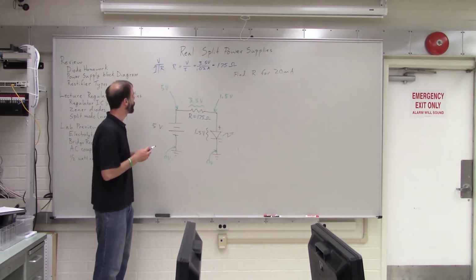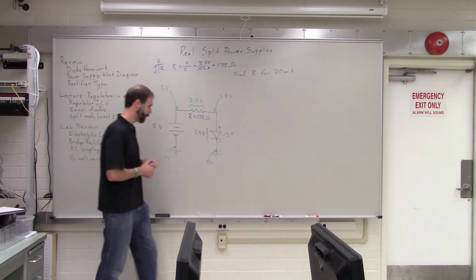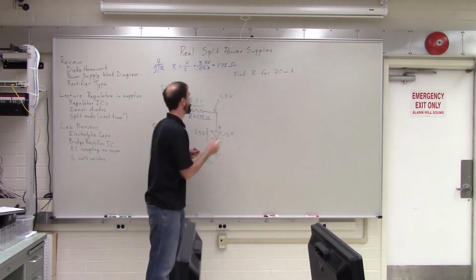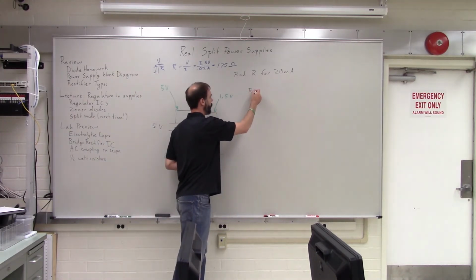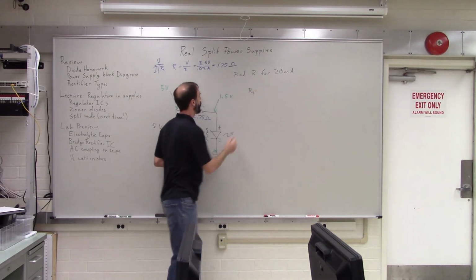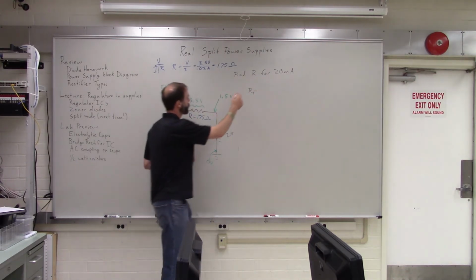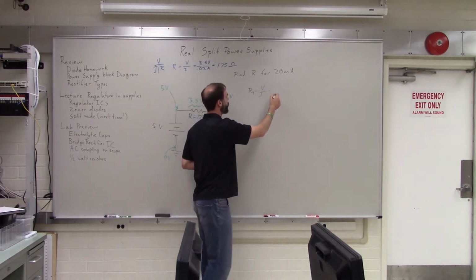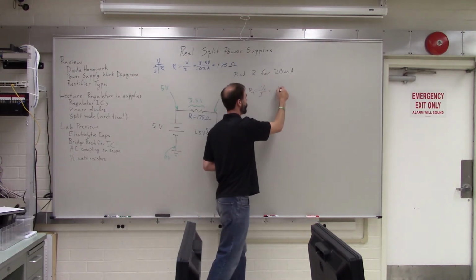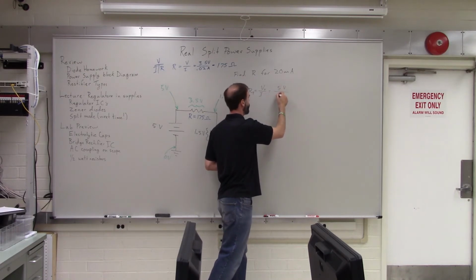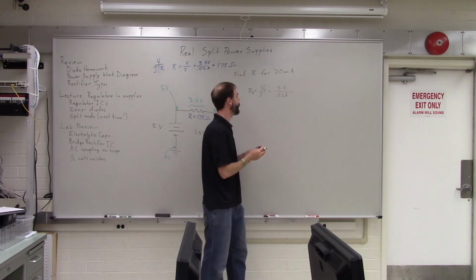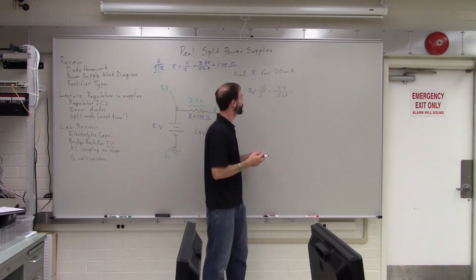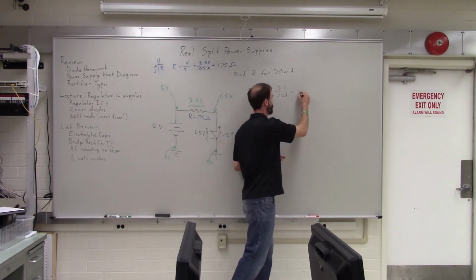If we did it that way, R total equals V total over I, so 5 volts over 0.02 amps, which comes out to 250 ohms.